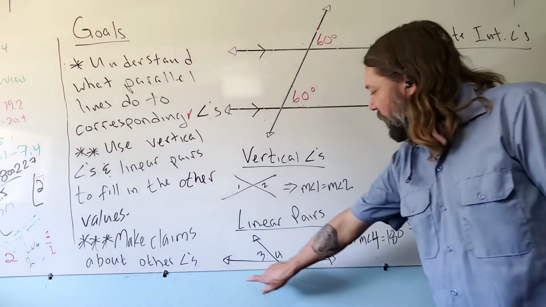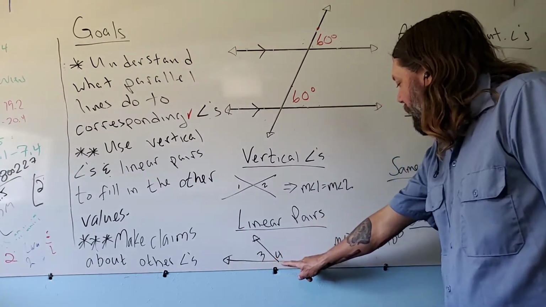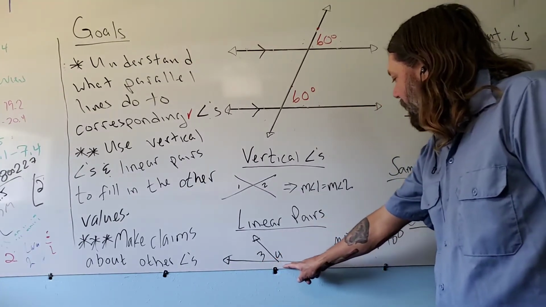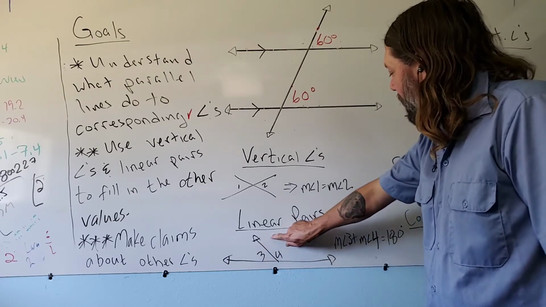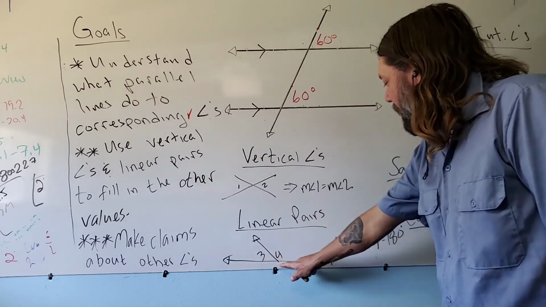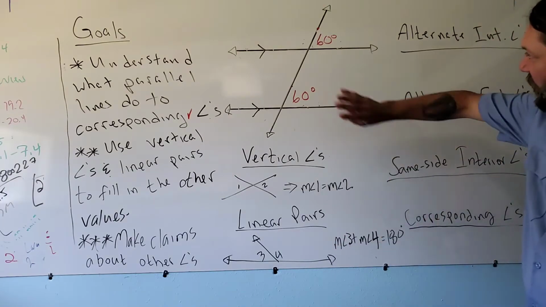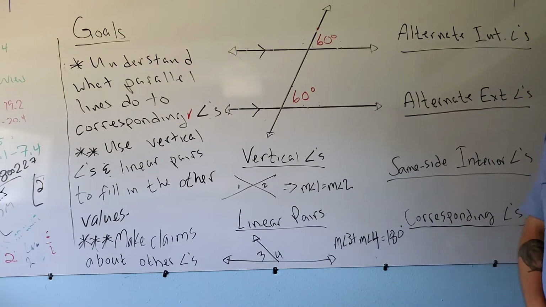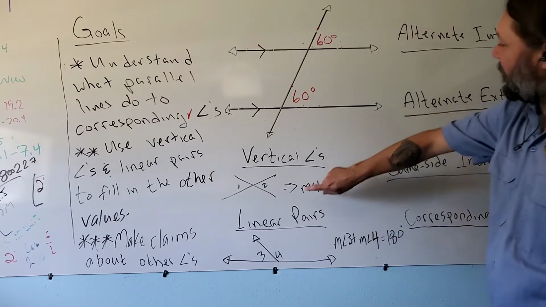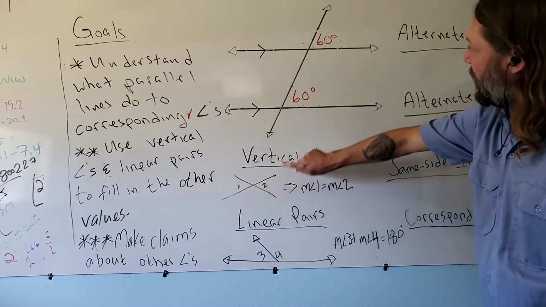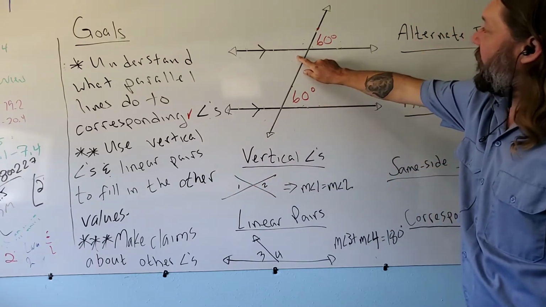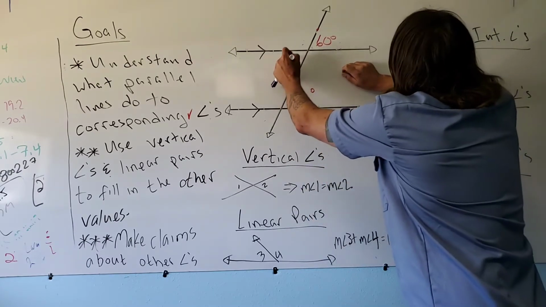Linear pairs are angles that when you add them together, they open up enough to make a straight line. So I first want to go through this picture and look at the vertical angles. Remember, this is the pattern of vertical angles, and I have that right here.